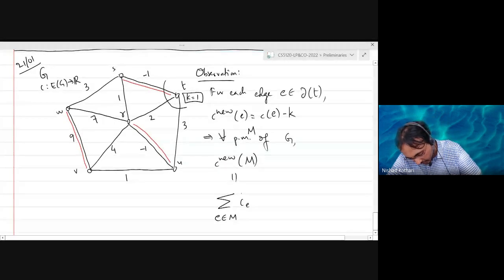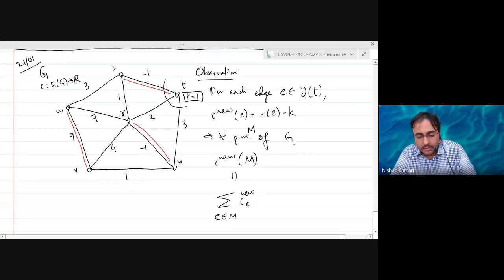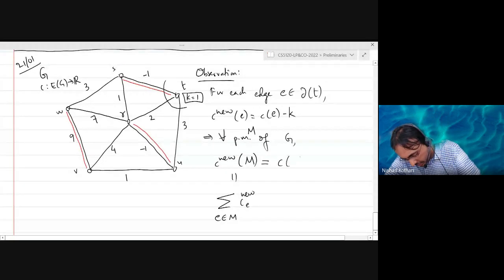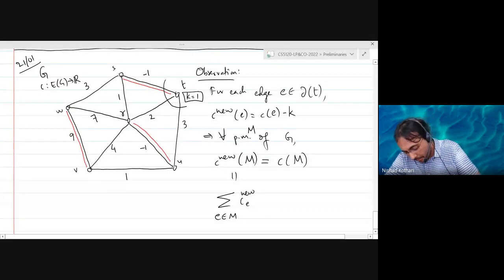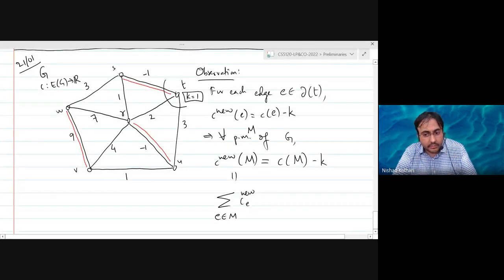So I'm looking at the new cost. It will be the new cost for each edge. So I claim that this quantity is the same as the original cost minus k. Does everybody see why this is true?